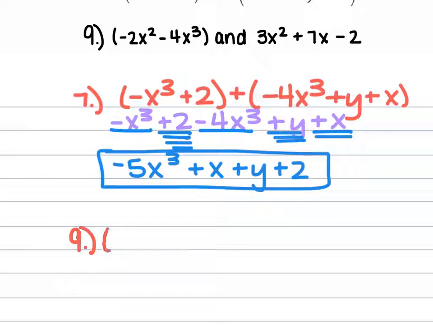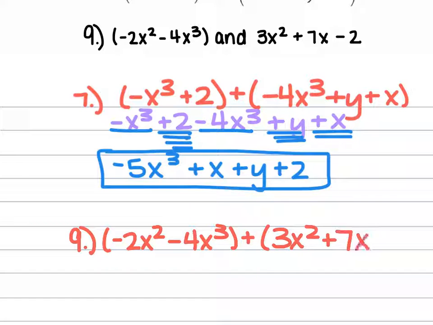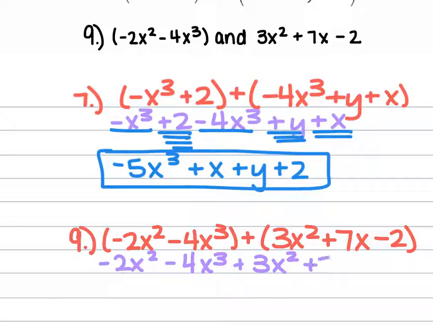For 9, we have negative 2x squared minus 4x cubed and 3x squared plus 7x minus 2. So this is just going to be negative 2x squared minus 4x cubed plus 3x squared plus 7x minus 2.